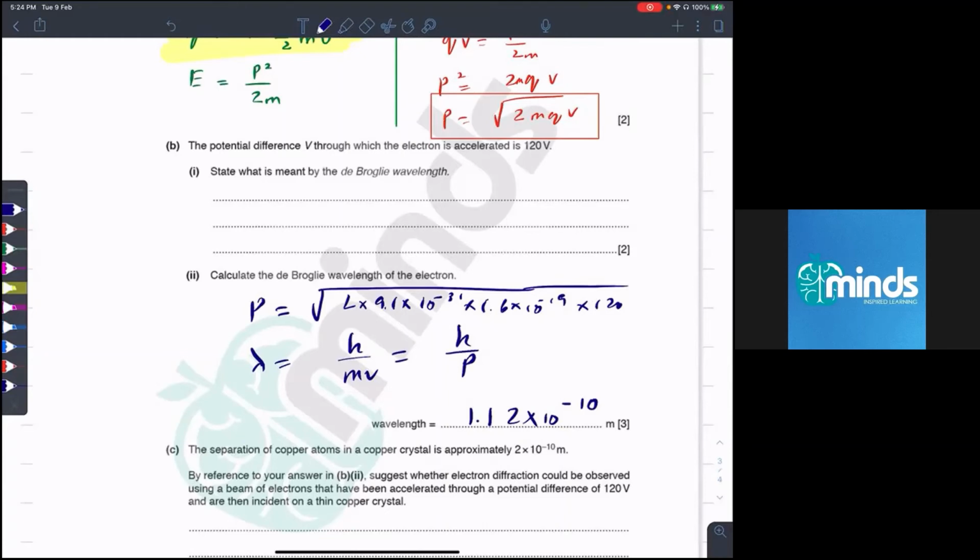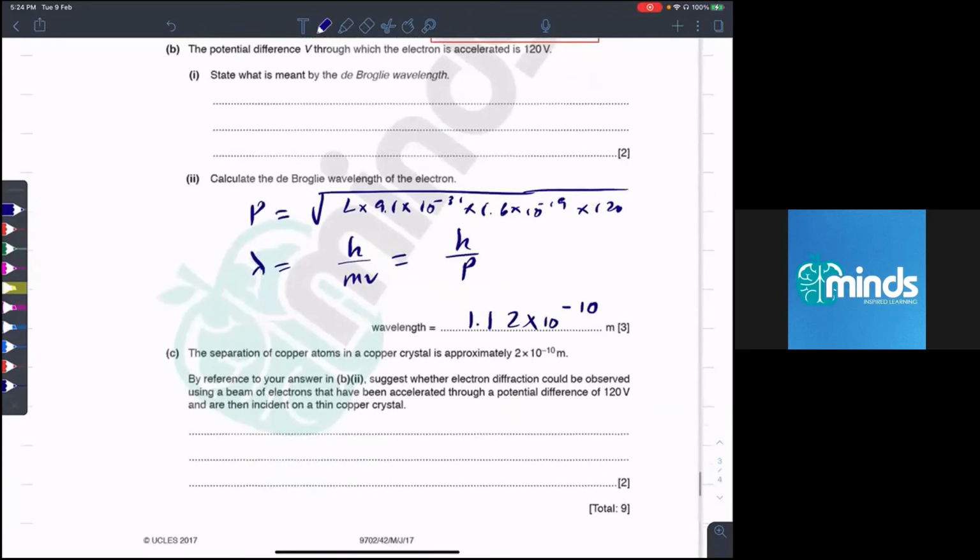It's nice. Now next, the separation of copper atoms in a copper crystal is approximately 2 × 10⁻¹⁰ meter. By reference to your answer in B2, suggest whether electron diffraction could be observed. Remember, from your AS level, a diffraction pattern can be obtained when wavelength and the obstacle are comparable. So you can see 10⁻¹⁰ meter is the separation of copper atoms, and 10⁻¹⁰ meter is the wavelength of the electron.